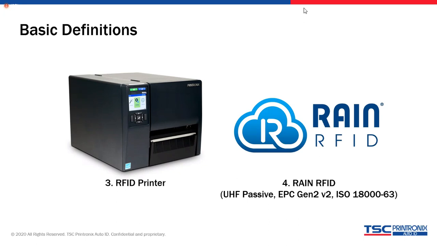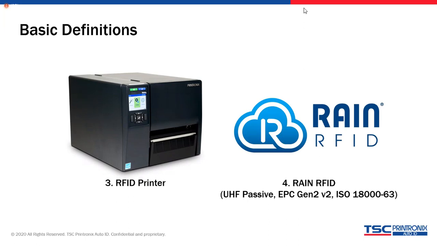And the final thing I want to clarify is RAIN RFID. Of course, this presentation is hosted by RAIN, but the particular type of RFID we'll be talking about today is RAIN RFID. There are many flavors and technologies of RFID out there in the world, but we are focused solely on RAIN RFID. I have other terms listed below.